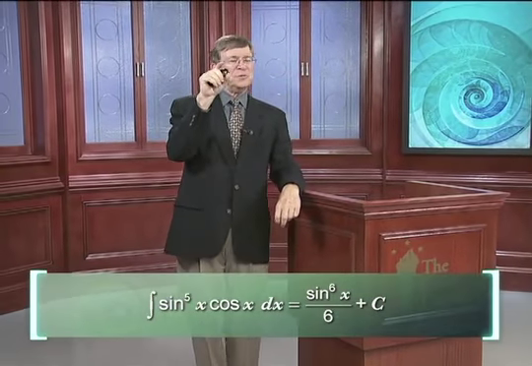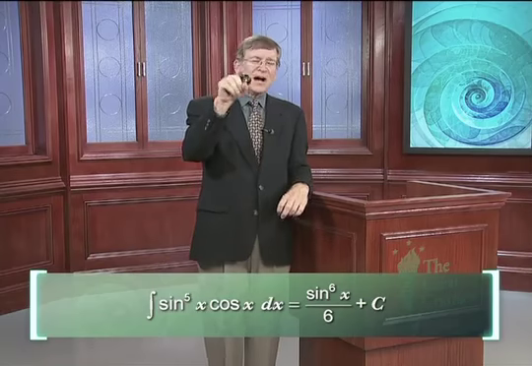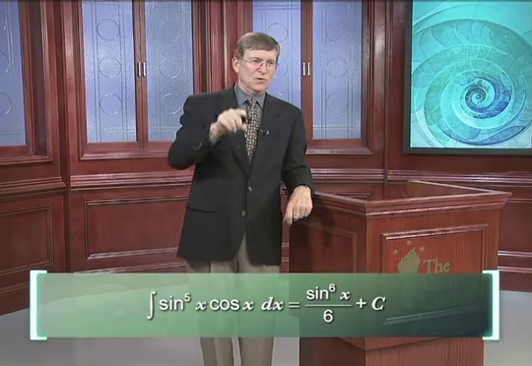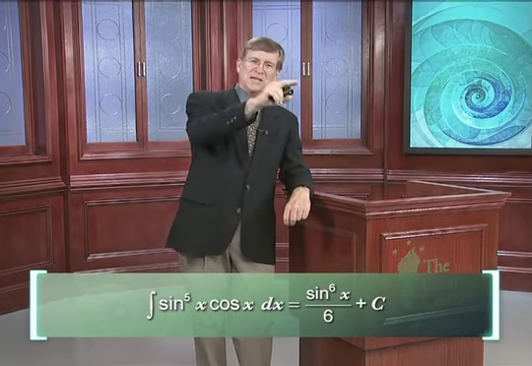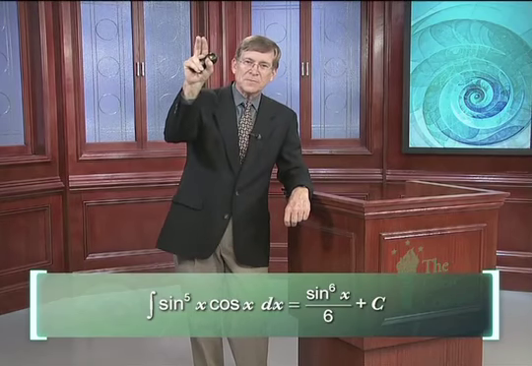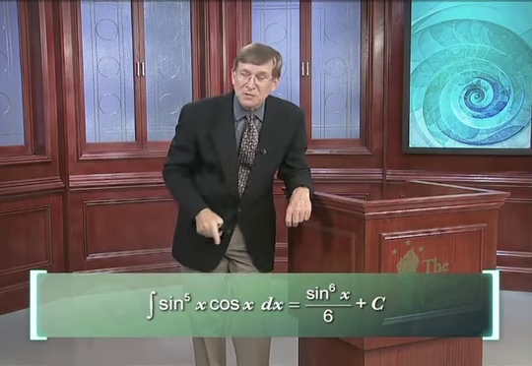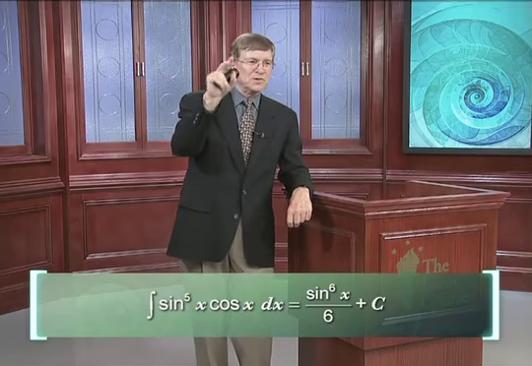Watch what happens when you differentiate sine to the 6th power x over 6. You get 6 times sine to the 5th, and the 6 is canceled, times the inside derivative cosine. So we got it right. So if you have a single cosine and a bunch of sines, things are going to be okay.